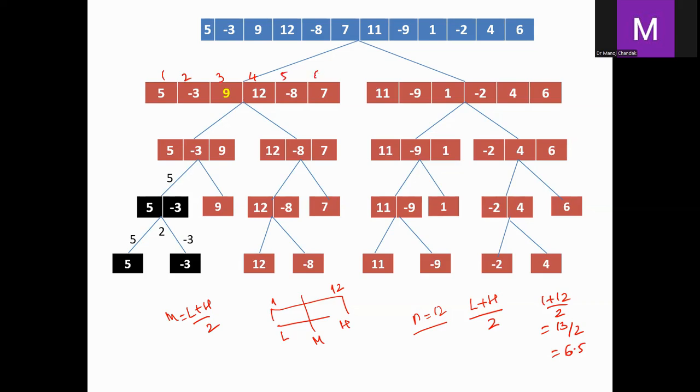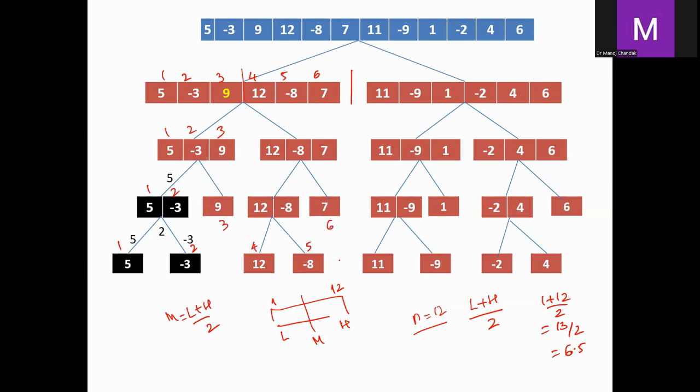In this way, we can continue and divide the array into smaller subarrays. So first is 6, then (1 plus 6) by 2, then (1 plus 3) by 2, and then (1 plus 2) by 2. Finally, you get an array of size 1.